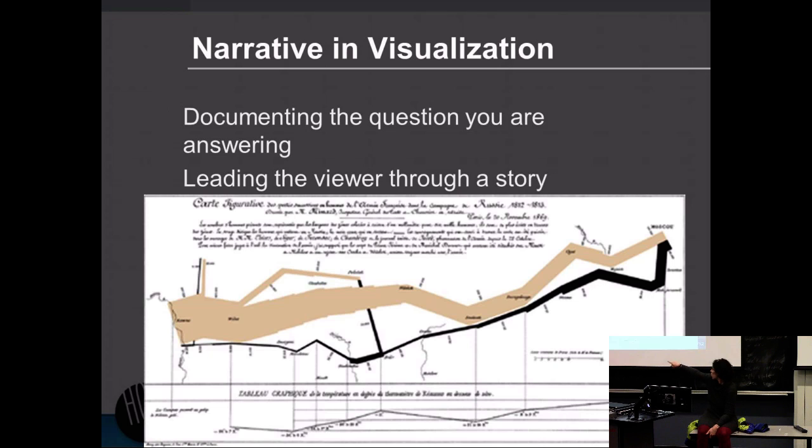And then there's a sort of line chart at the bottom, which is helping to lay this out over time. And so at a glance, you can really see how decimated the army was by the choices that were made about where to go, and the way in which winter and time affected this, and location. So this is a visualization that's really trying to tell a story.